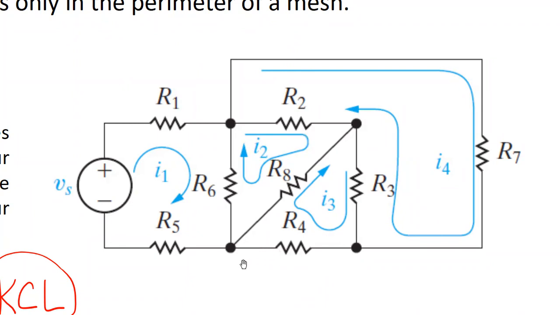We select one of them to be the reference. Then we have 3 nodes, and you write KCL for the 3 non-reference nodes and solve it to find V1, V2, V3, and once you solve it, you can determine the currents in the circuit.